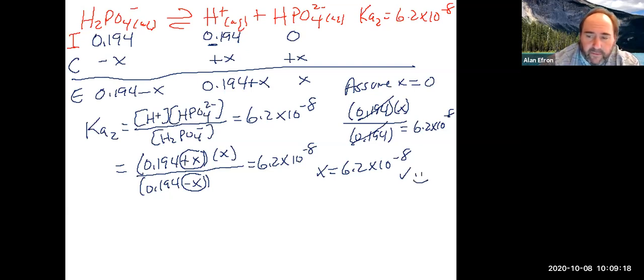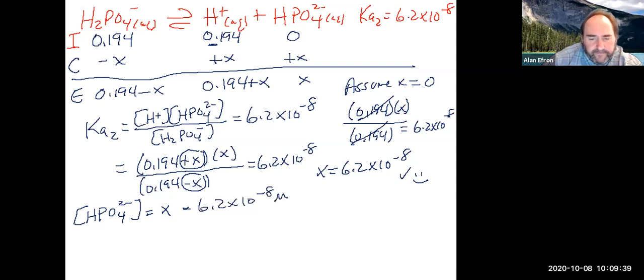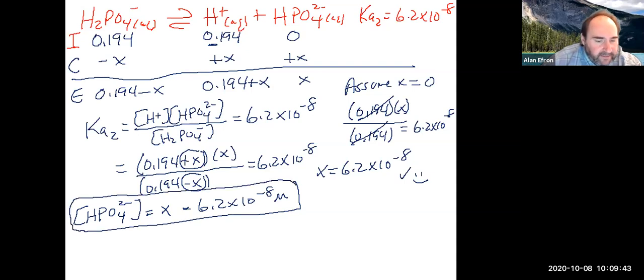At this point, we can basically figure out a couple more concentrations. We now can see from here that the HPO4 2- concentration equals X, and that gives us a concentration of 6.2 times 10 to the minus 8 molar. Now, let's talk about our H plus concentration.